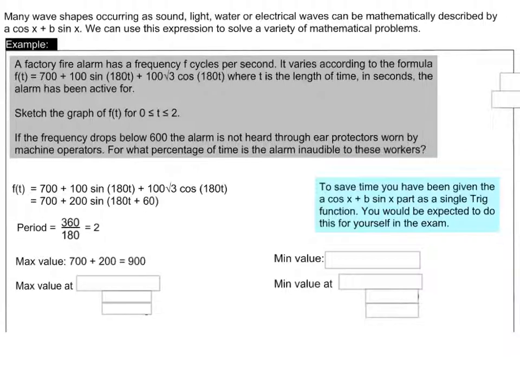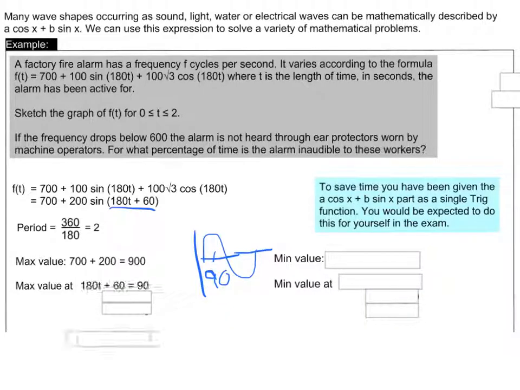Where does this maximum value occur? Well, the maximum value of a sine curve happens at 90 degrees. So we know when the angle is 90 degrees, we've got our maximum value. But remember, our angle is this.